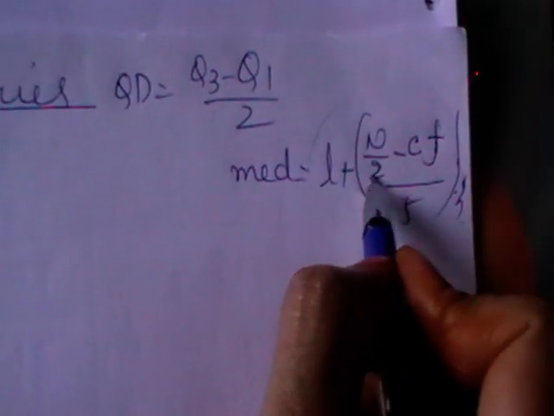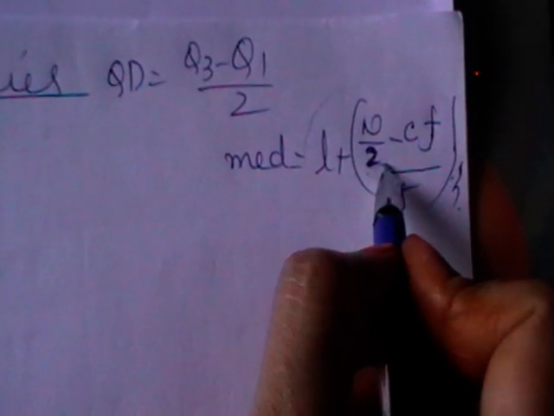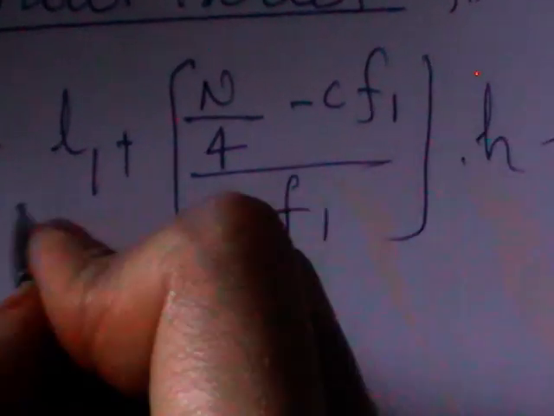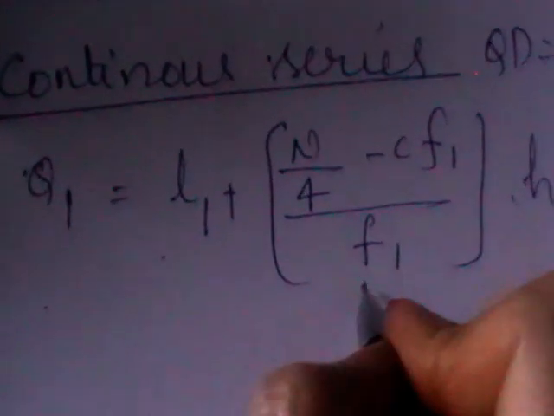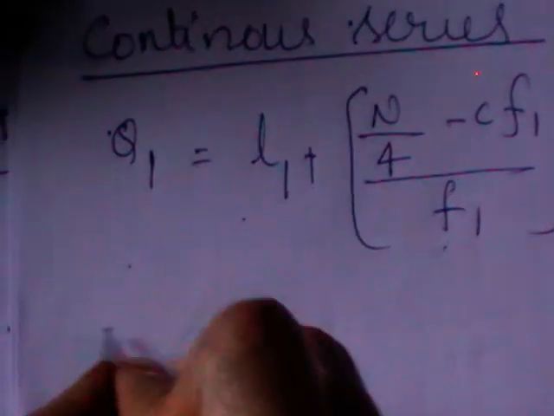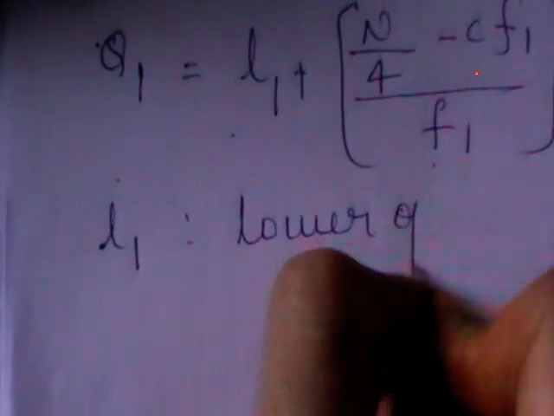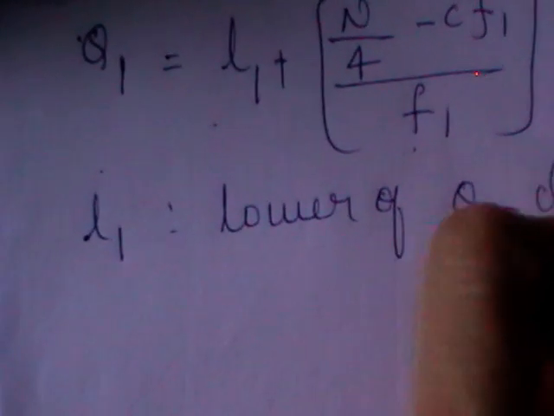In place of 2, you will get 4, as the quartiles divide the data into 4 equal parts: L1 plus n by 4 minus CF1 by F1 into H. Let us see what L1, CF1, F1 are, because we should describe all the terms in it. L1 is nothing but the lower limit of the Q1 class.